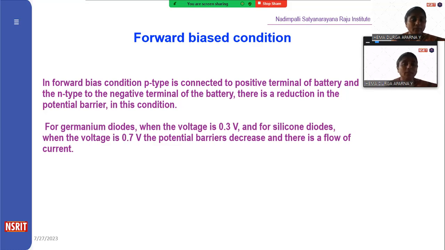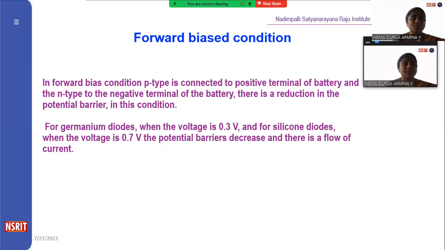So the value from where the current starts to flow is known as the breakdown value or threshold value or operating value of that particular device. This operating voltage value, we can also call it the biasing voltage. The biasing voltage for a germanium diode is 0.3 volts, whereas for silicon, it is 0.7 volts.